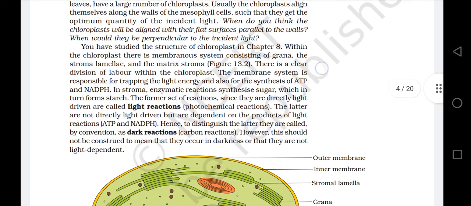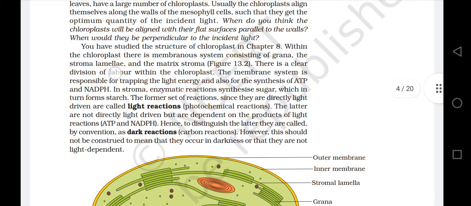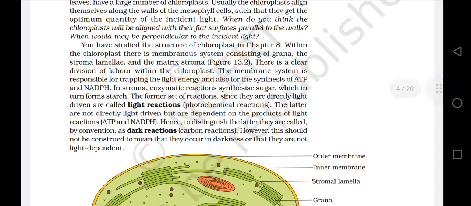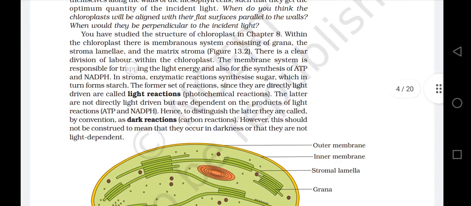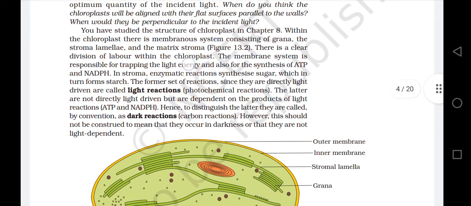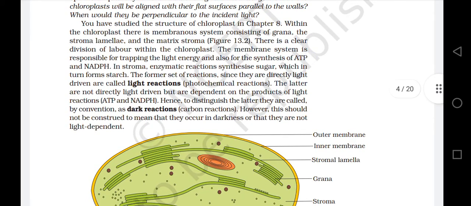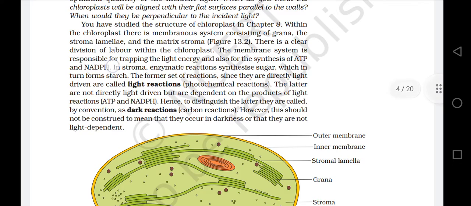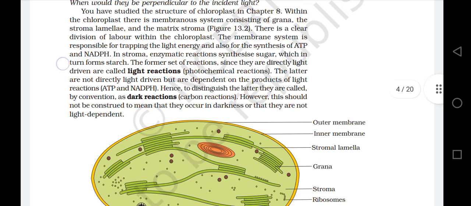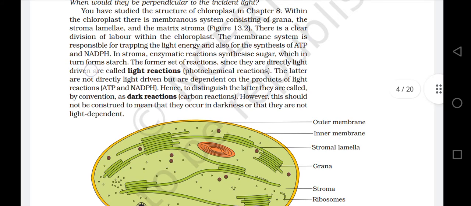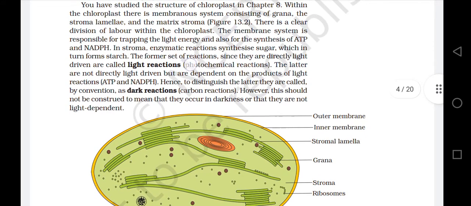Figure 13.2 shows there is a clear division of labor within the chloroplast. The membrane system is responsible for trapping the light energy and also for the synthesis of ATP and NADPH. In the stroma, enzymatic reactions synthesize sugar, which in turn forms starch. The former set of reactions, since they are directly light driven, are called light reactions, or photochemical reactions.